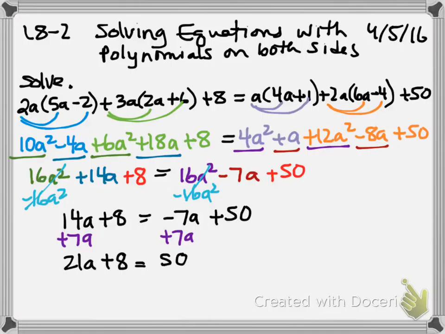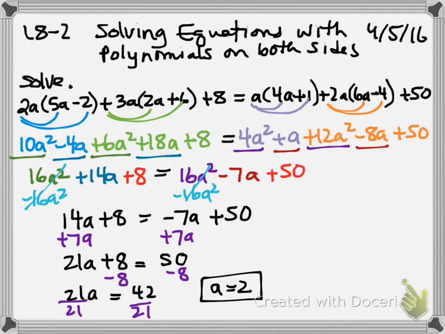Well, now I need to get the constants together on the right, so opposite operations. I'm going to subtract 8 from both sides. So that gives me 21a equals 42. And then the last step is to divide both sides by 21, which, very kindly, a equals 2.